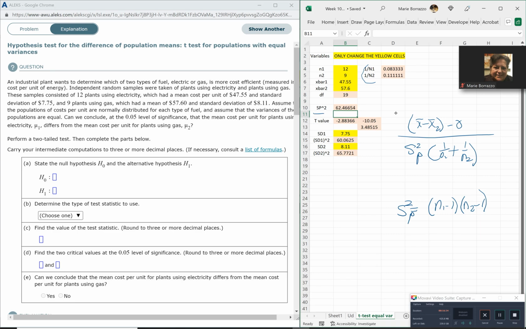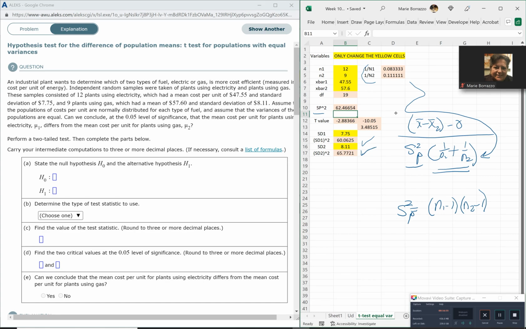So I've already done this for you. There's your SP squared, right? That's already done. This part of the formula is already done as well. This is the 1 over n1, n2 added together. I also squared your standard deviations, and that's used in the formula to calculate the t-value.